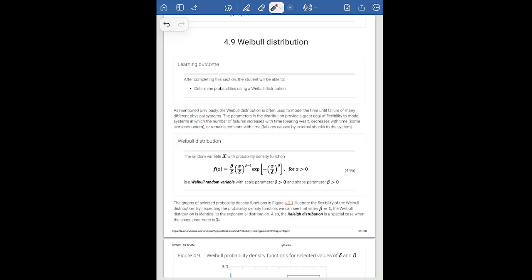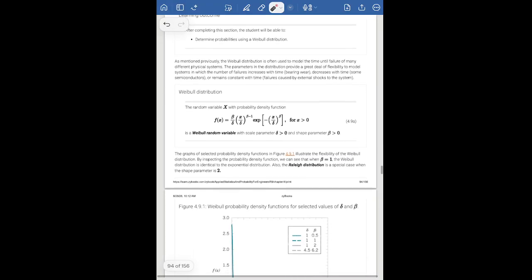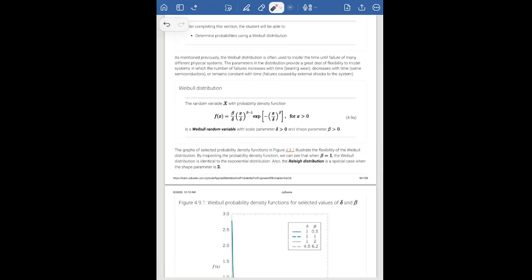The parameters in the distribution provide a great deal of flexibility to model systems in which the number of failures increases with time. So imagine something wearing away, maybe like a bridge or components within an electronic device. The Weibull distribution is what we will use to figure out probabilities of events occurring.